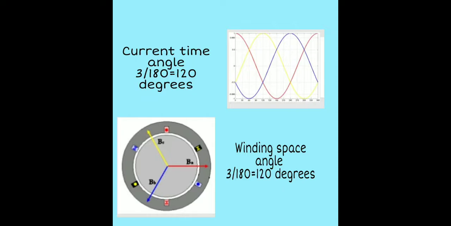In a transformer, the time angle is 120 degrees, but the winding space angle is 0 degrees. So a rotating magnetic field is not developed in the transformer, and it is developed in the induction machine only because the current time angle and winding space angles are the same.